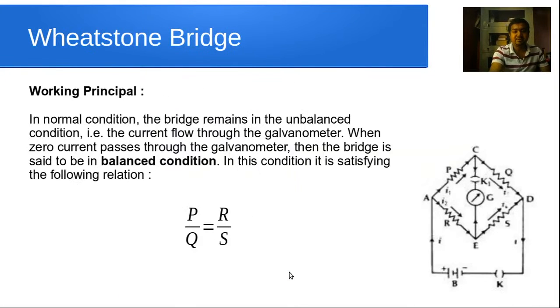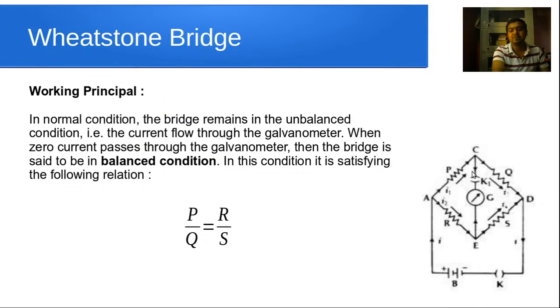Suppose we have different resistances P, Q, R and S, but of the four arms, P and Q are higher resistances than R and S. In that condition, the galvanometer works more sensitively.